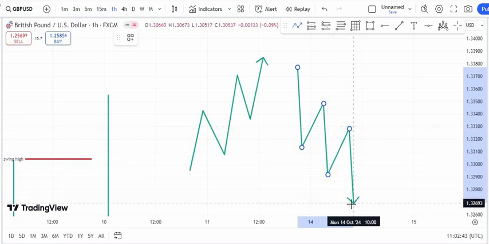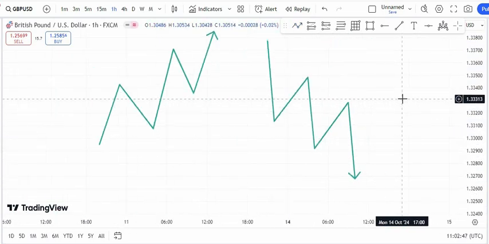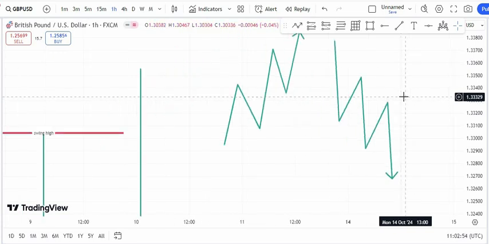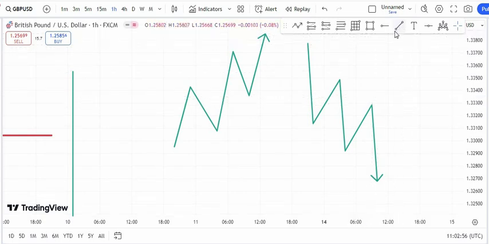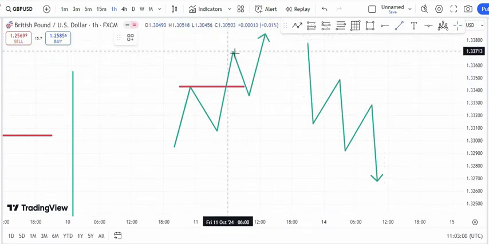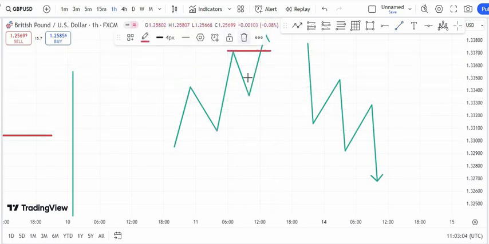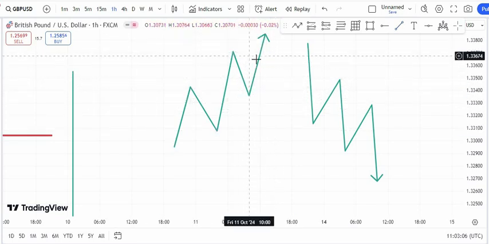I think I've done a video on that; if you don't know anything about break of structure or market structure, you can go to my YouTube page, where I've talked about it. So this is a break of structure right there. There must be a valid break of structure before we can use the Fib.